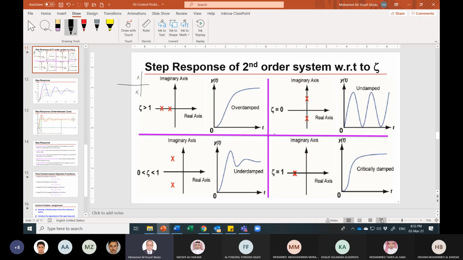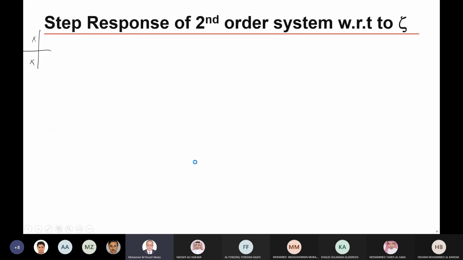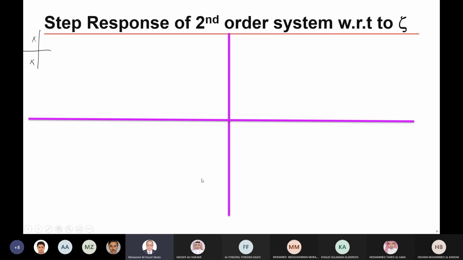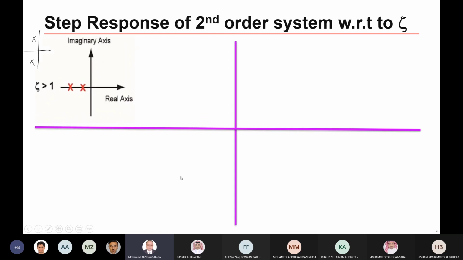So just in 4 slides or so, we can see, if we have, for example, the eigenvalues or the poles here, in this case we have the over damped response, and of course the poles are real, so we don't have any oscillation.